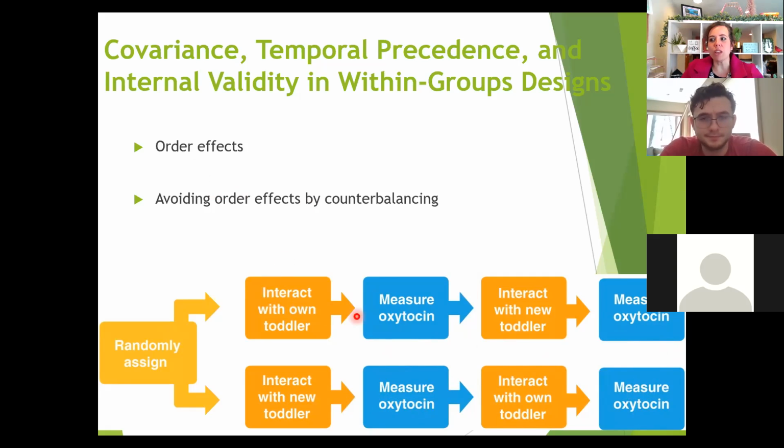So if you only were doing one of these two rows, you wouldn't be able to say with certainty that your results were due to just the presence of the new toddler. Does that make sense? Okay. Yes. So again, to avoid order effects, you want to counterbalance and have different random assignment that shows different conditions. Okay.